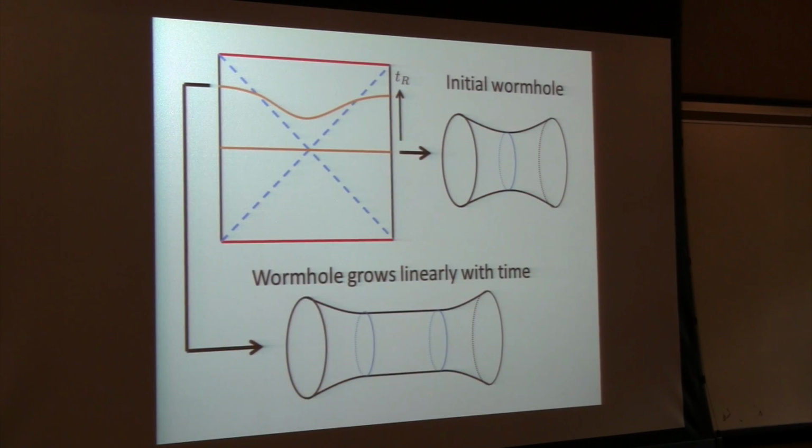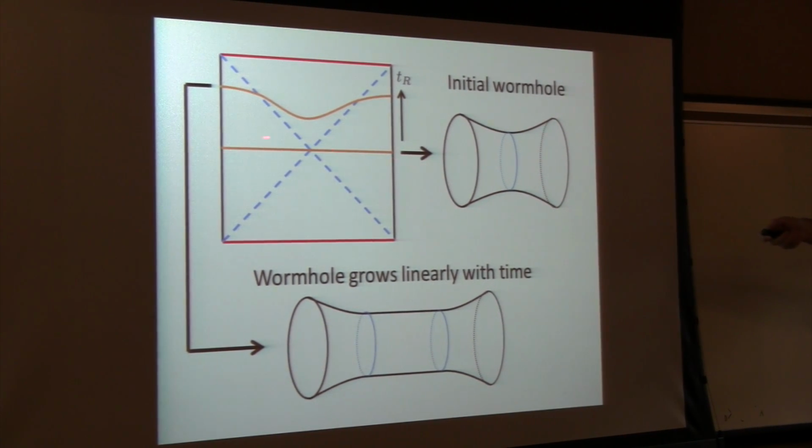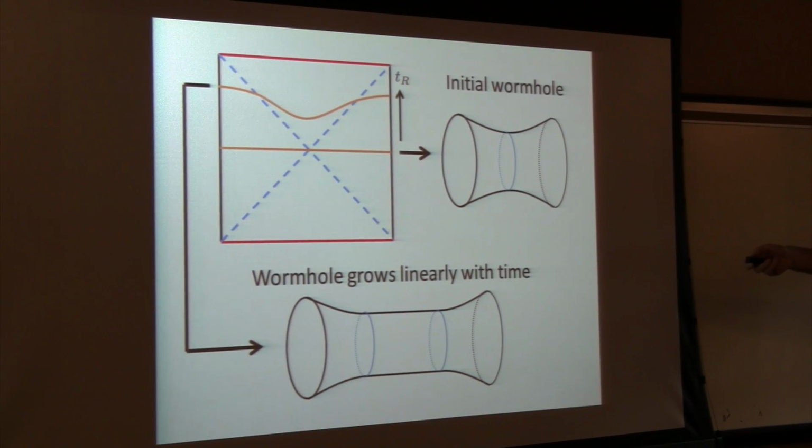And here's the picture of something growing in this state. So what's changing in time? If you look at this initial surface here at t equals 0, and you draw the spatial geometry, what you find is that at each point on this diagram, there's a suppressed sphere of some type, a one-dimensional line or a two-sphere or a three-sphere, depending on the dimensionality of the system.